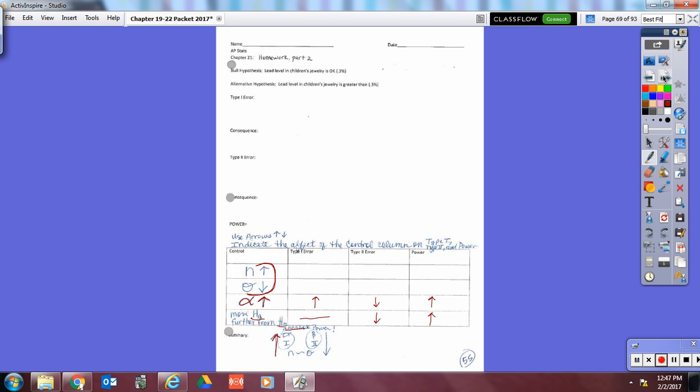We did not affect alpha, so that's going to be that way as well. But what happened to the type 2 error? It did go down, and what happened to the power? It goes up. Good. So all of those are ways that type 2 goes down and power goes up, and then of course you see the way alpha affects type 1 error.